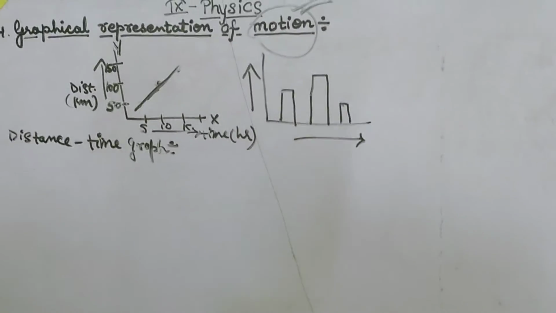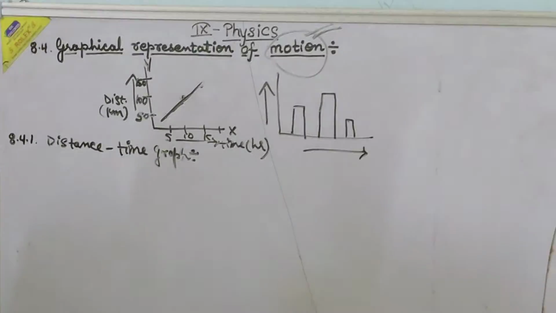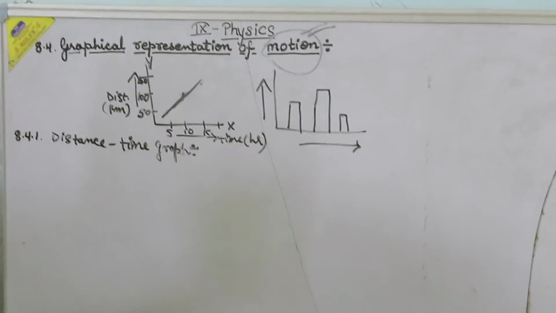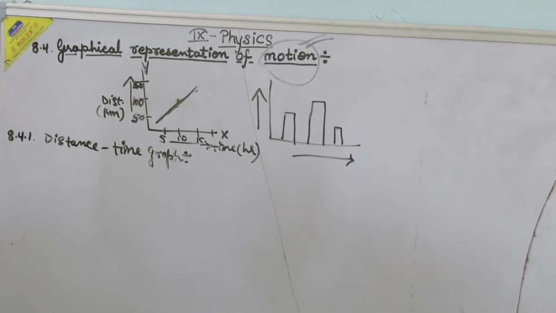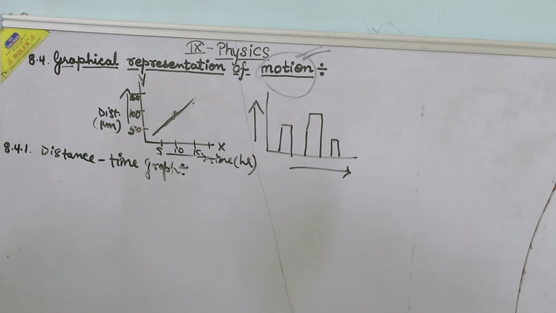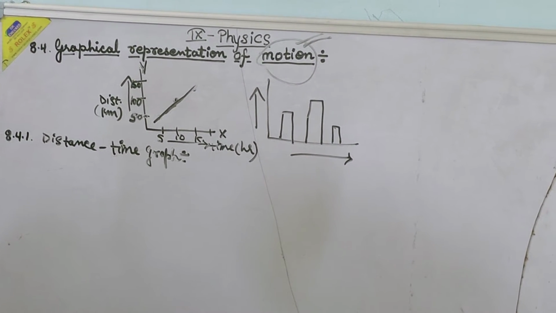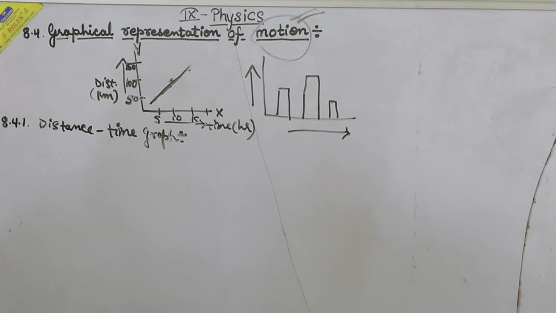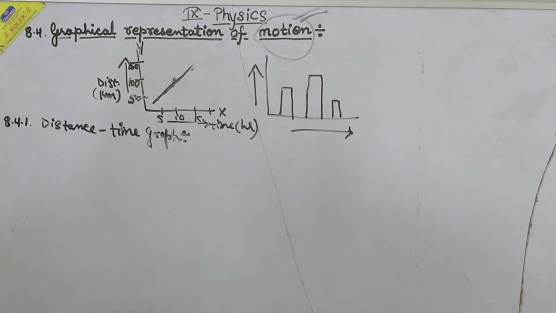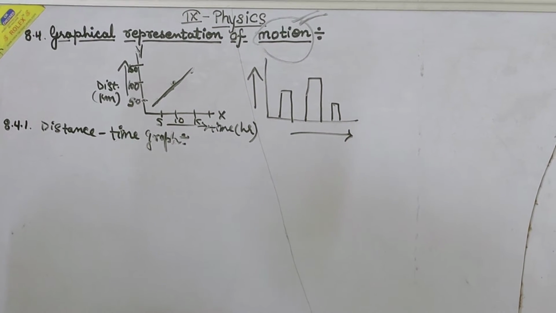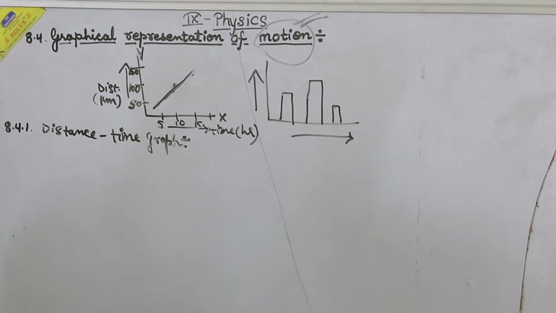In the book, graph 8.3 is given, the distance time graph of an object moving with uniform speed. This object is moving with uniform speed. On the x-axis, time is given, and the unit of time, minutes, is mentioned here, and the distance unit, kilometers, is mentioned.